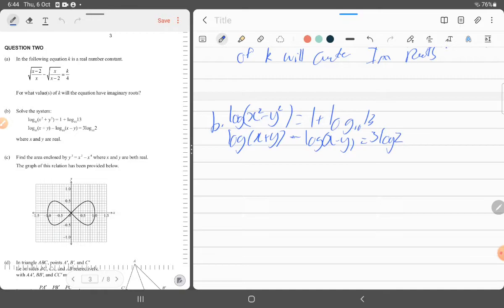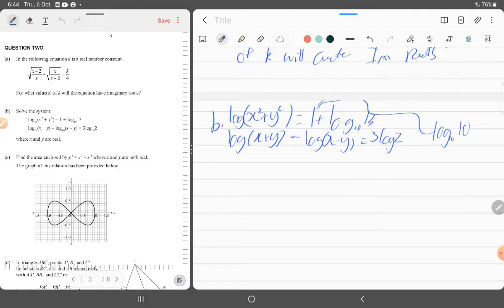So, x squared plus y squared. This one can be rewritten as log 10 10.